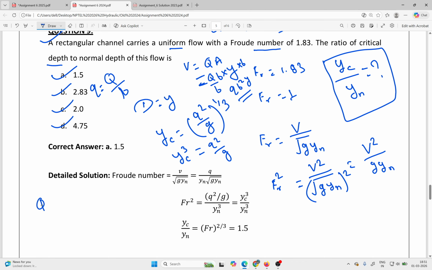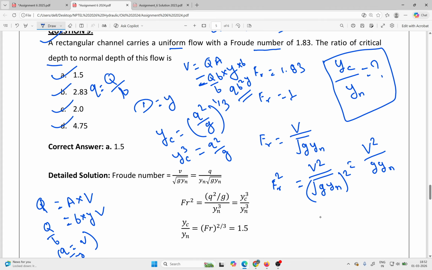As you know, discharge is equal to what? Area into velocity. So this is your B into Y into velocity. So Q by B is equal to small q, and divided by y is equal to v. So that's why here it is written q by yn.